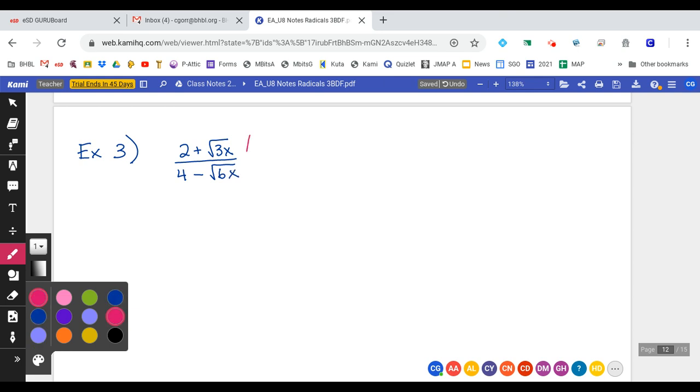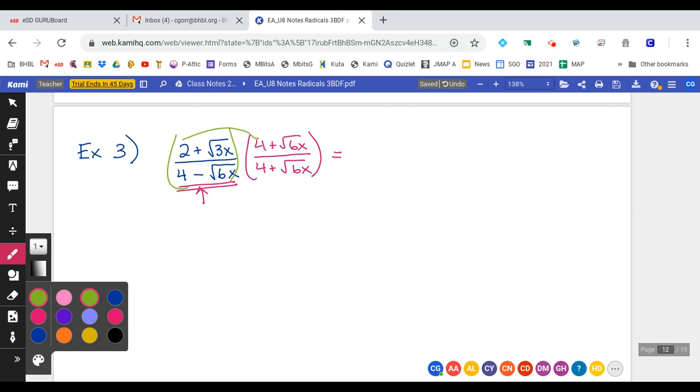So let's multiply by my conjugate. Take this, make that middle term a plus. So 4 plus radical 6x, 4 plus radical 6x. And now we're going to have to double distribute.